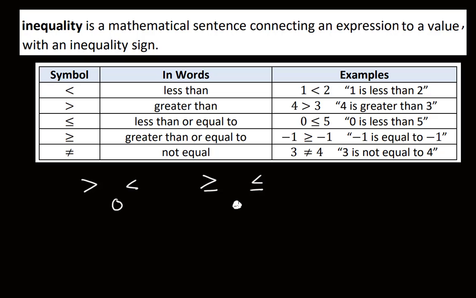But when we use the closed circle, that value is included in the inequality solution. So just remember these two symbols. This is the open circle, but this is the closed circle. So knowing that, let's practice this example.